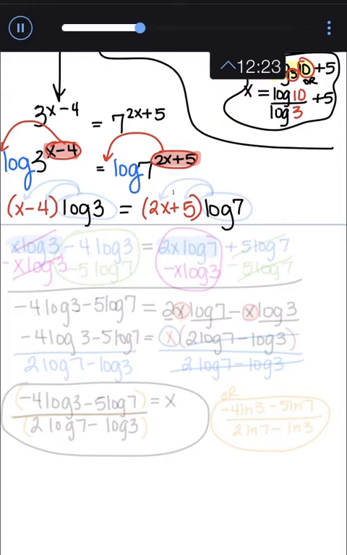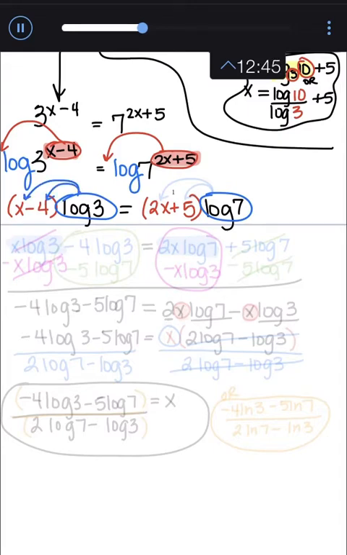Okay, the question is, how does that really help you? Well, we have to think about this more logically: log 3 and log 7, even though they look funny, are just numbers. And if we have numbers multiplied by a set of parentheses, we normally do what? Without thinking, we distribute. And that's what we're going to do.